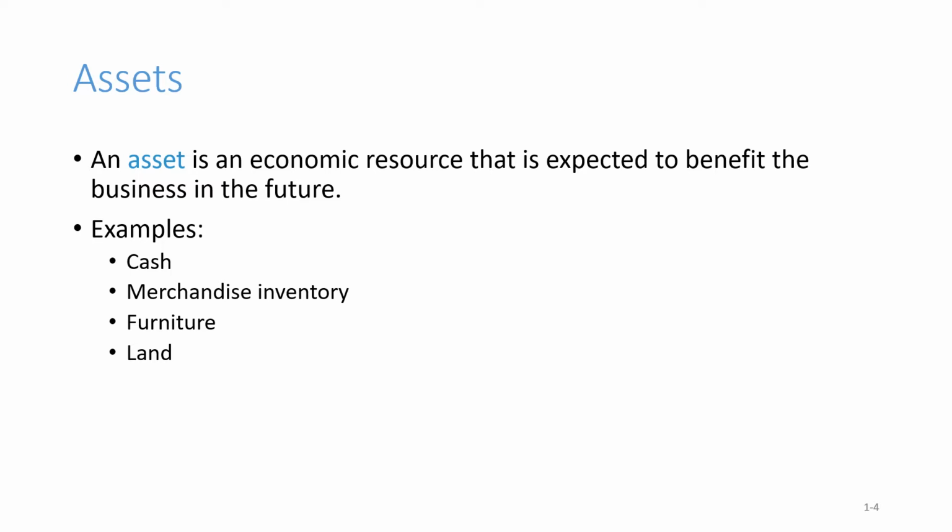Prepaid rent is another example of an asset where we've say prepaid for the entire year of rent, and we will be using that asset of the prepaid rent over that next year time period. We could also add on to this things like supplies or any type of equipment. These are also assets that we will be using in the future.